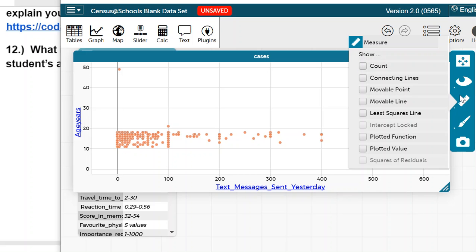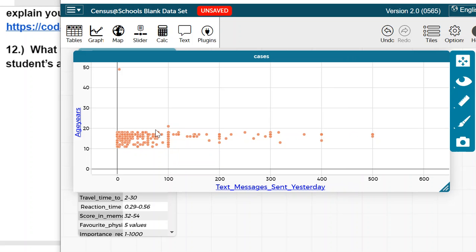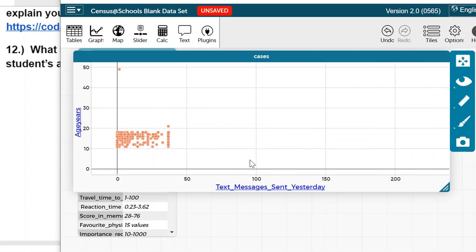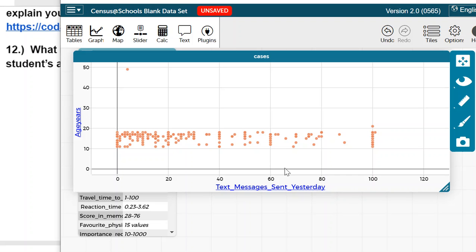I don't see anything. And I'm not going to get into connecting lines and movable line. We're not looking for plotting an average here. We are noticing that there is a huge clump down here, and there appears to be more. As a matter of fact, let's get rid of those so that we can see this group here spread out a bit more.